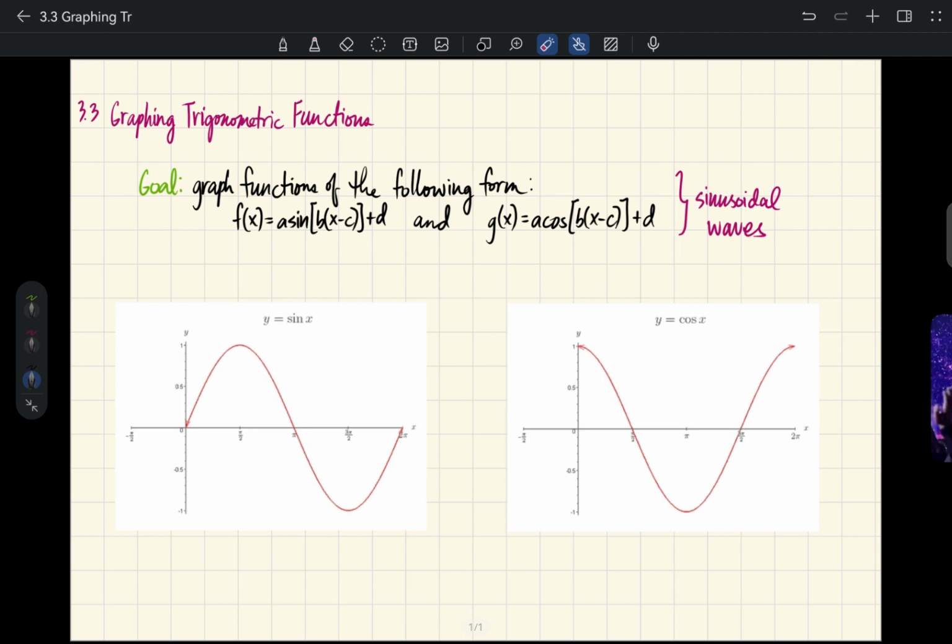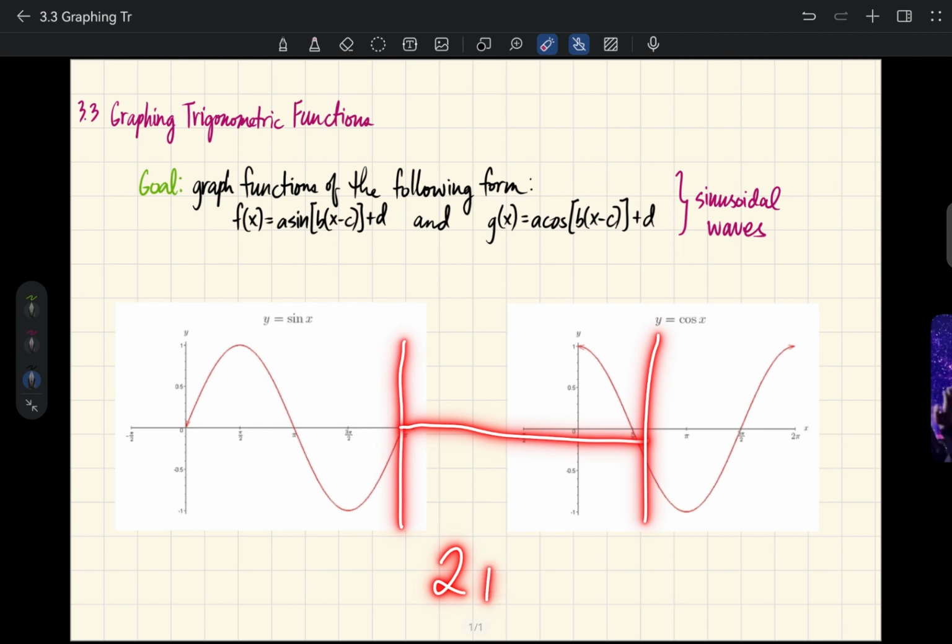Take note that your sine and cosine functions are periodic and they have a period of 2 pi. So beyond this part, if you consider another segment of length 2 pi, it will just produce the same graph.